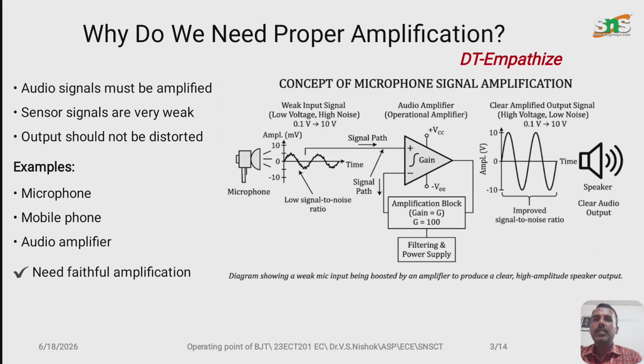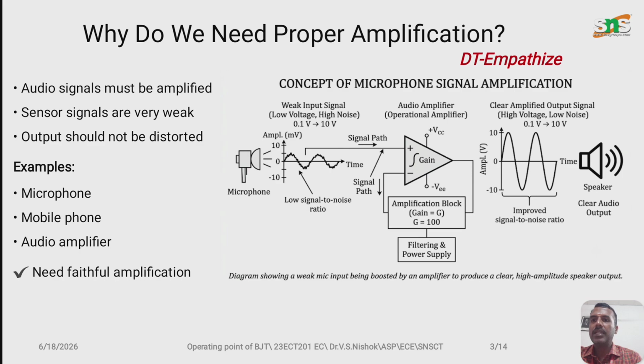So before going to Q point, we can see what is the need for proper amplification. In real world situations, many electronic systems like microphone, mobile phone, audio amplifier, everything deals with the weak signal. The sensors also provide the weak signal, which should be amplified properly before going to the next process.